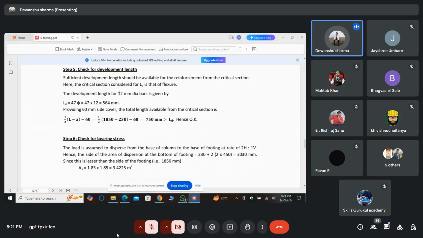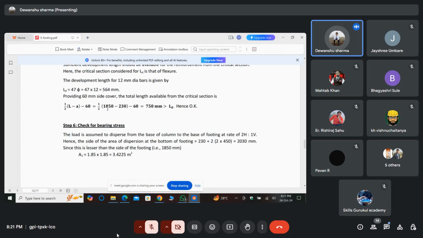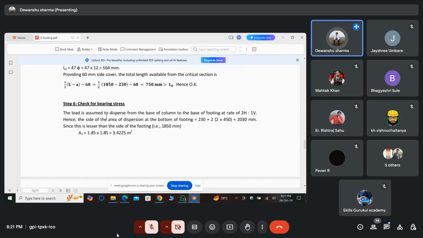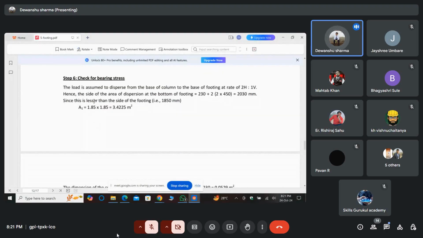So for 12 mm diameter of bar, development length, for example, if we take 47 into dia, generally we take 50d, so it is around 564 mm, and if we provide 60 mm side cover, so our Ld is 750 mm, and which is also okay. Another is a check for bearing stress.